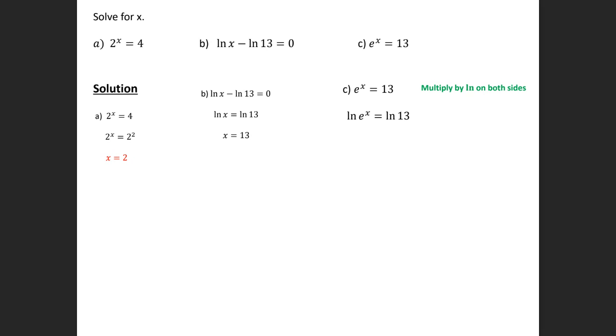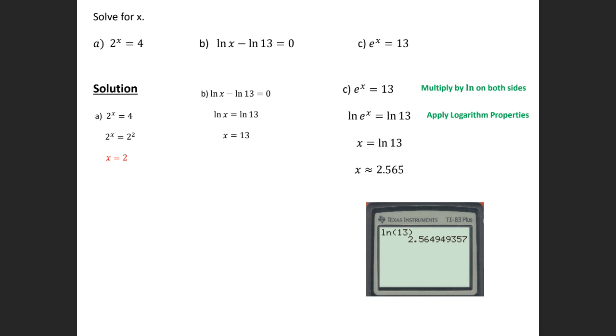So if I take the natural log of both sides, the natural log of e to the x is going to give me the natural log of 13. On the left one, I have a power rule, that I can rewrite as x times the natural log of e, and that gives me 1. So x is equal to the natural log of 13.